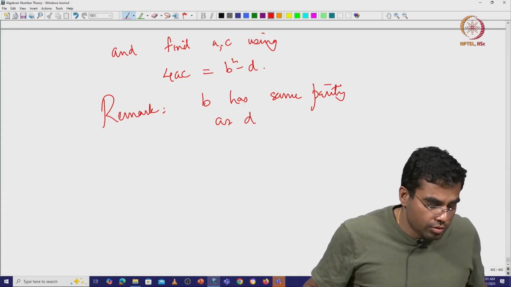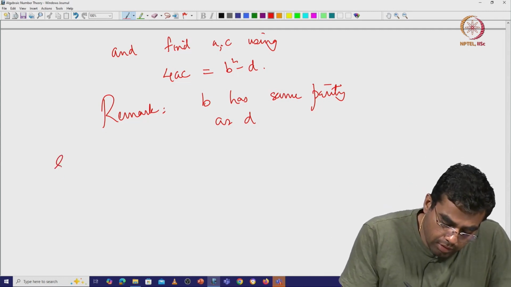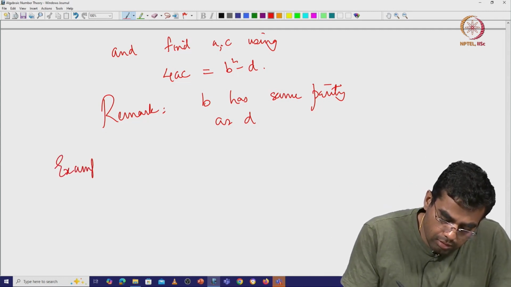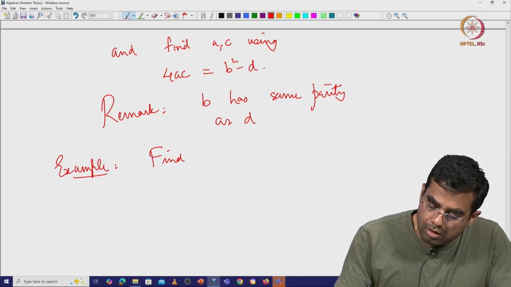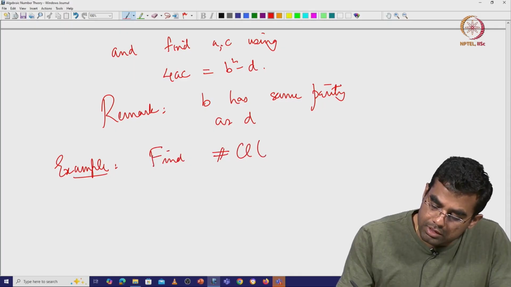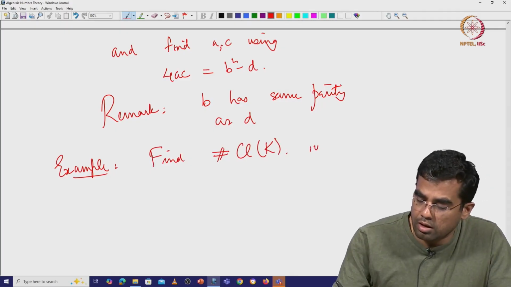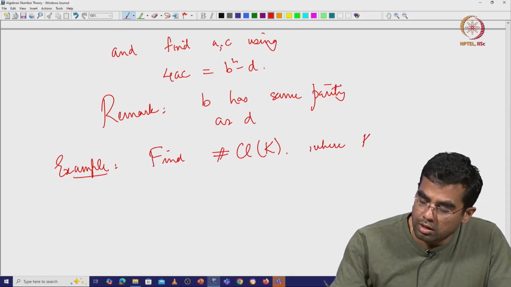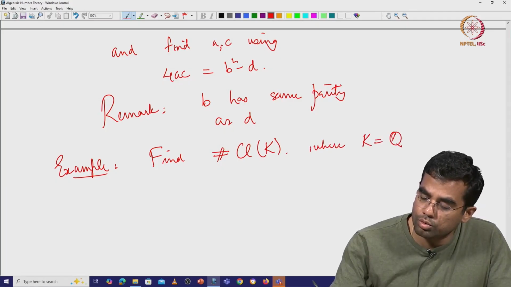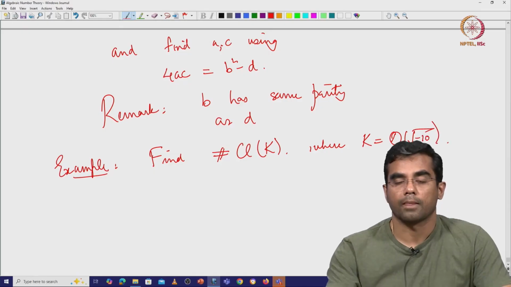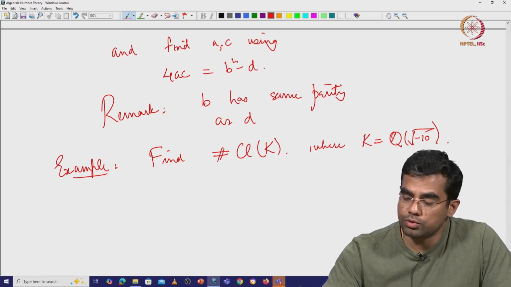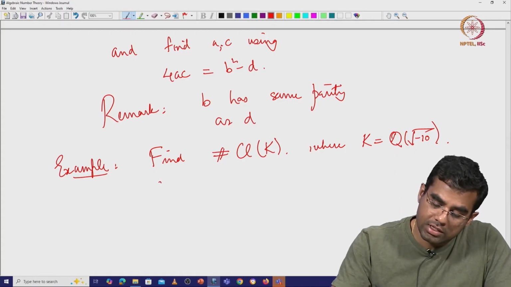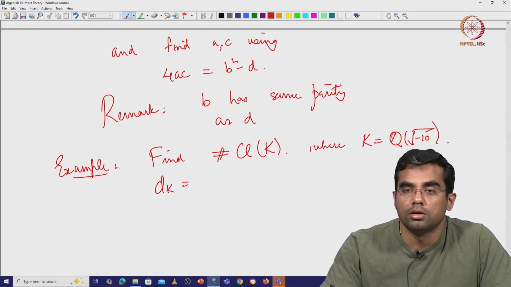So, how do we do this? Let us take an example. Find the number of elements in the ideal class group of k, where k is equal to Q of square root of minus 10. What is the discriminant of k?